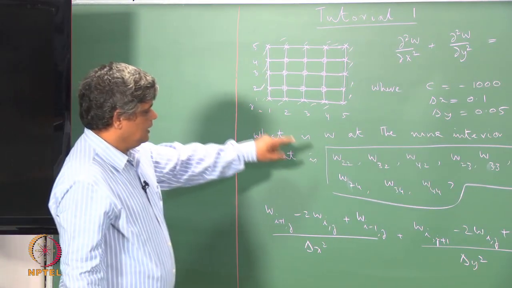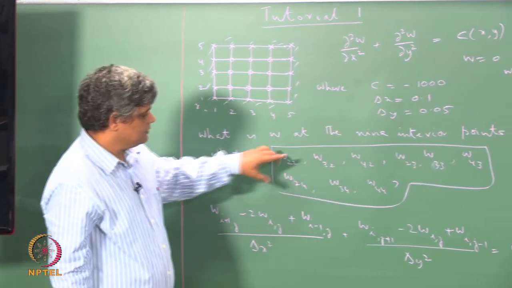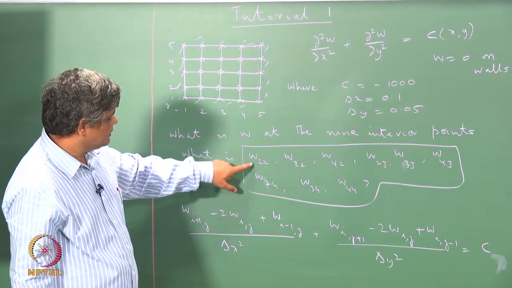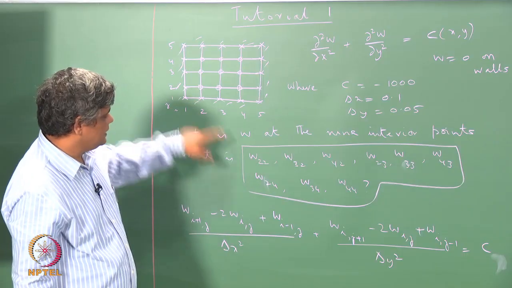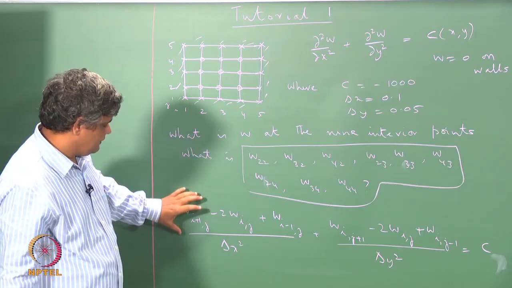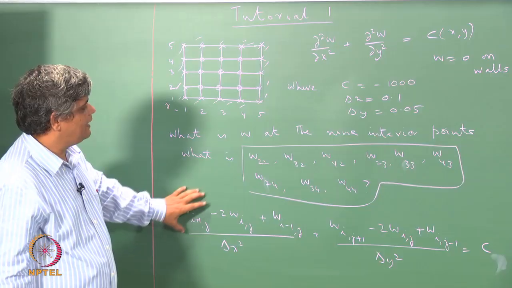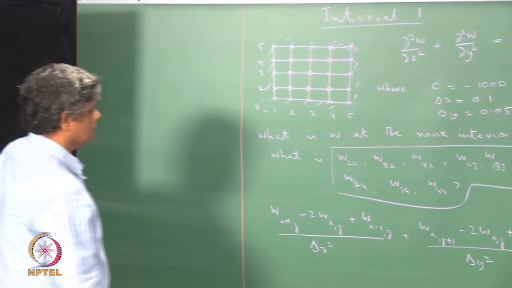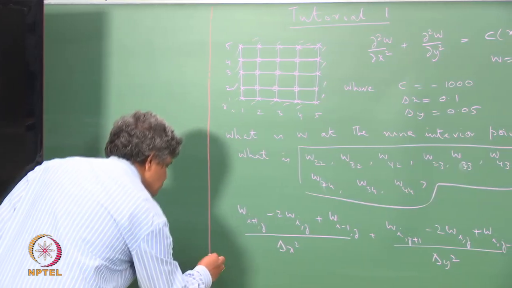So now we start writing down the equations for each of these. Around each of these points, we apply this template and get the corresponding algebraic equation. So we start with point 22.